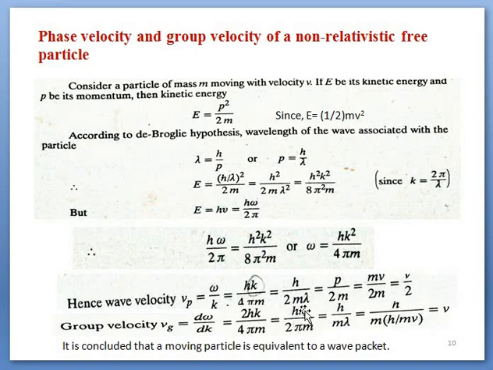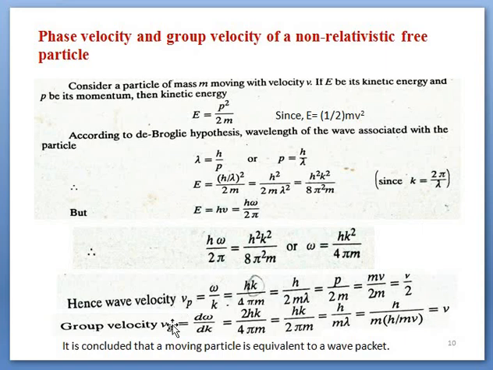Again k equals 2 pi upon lambda, 2 pi cancels, leaving h upon m lambda. Lambda equals h upon p, and p means mv, so h cancels and v comes to the numerator.